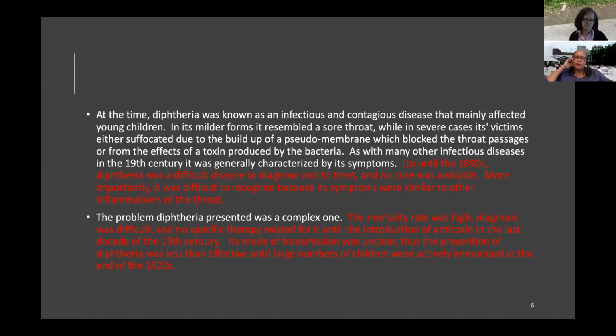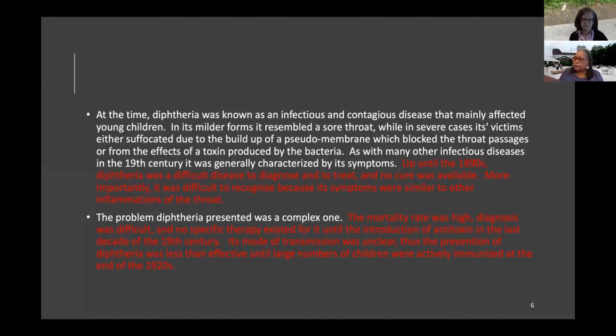And in the 19th century, it was typically characterized by its symptoms. And so it was difficult to diagnose, difficult to treat, no cure was available, and it was difficult to recognize because the symptoms were so similar to other inflammations of the throat.